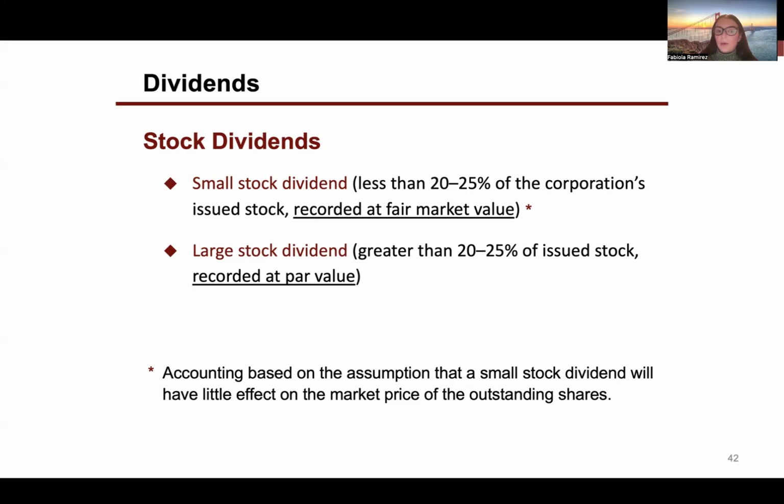This is very important because we also have something called a large stock dividend, and that is when greater than 20 to 25% of issued stock is distributed. This is recorded at par value. So a small stock dividend is recorded at fair market value, and a large dividend is recorded at par value. This is a very important slide.